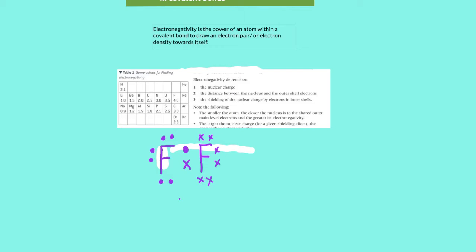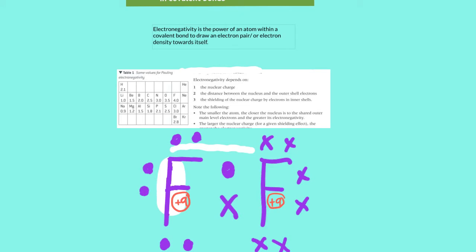Here is a simple Lewis dot and cross structure of a covalently bonded fluorine molecule. The pair of electrons here are shared between the two fluorine atoms. At the centre of each fluorine atom is a fluorine nucleus, and both fluorine nuclei have 9 protons each. Those 9 protons attract all of the electrons, including this pair of electrons in the covalent bond.